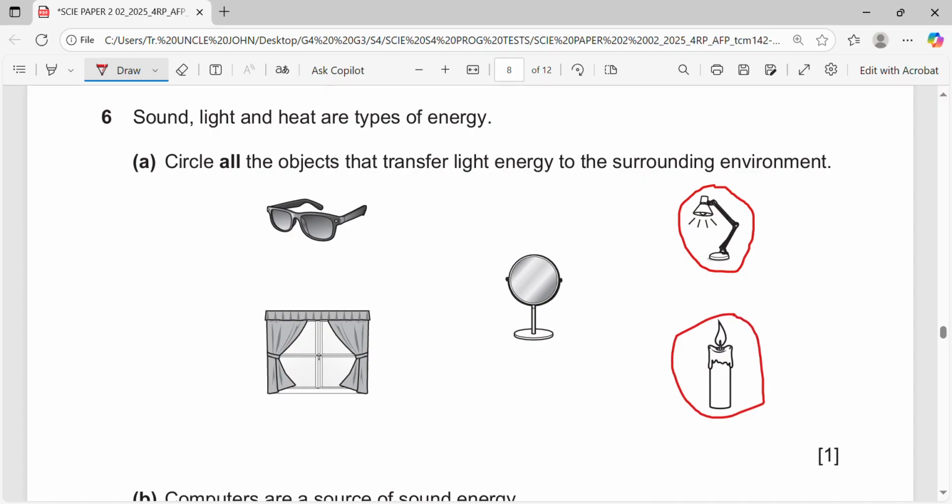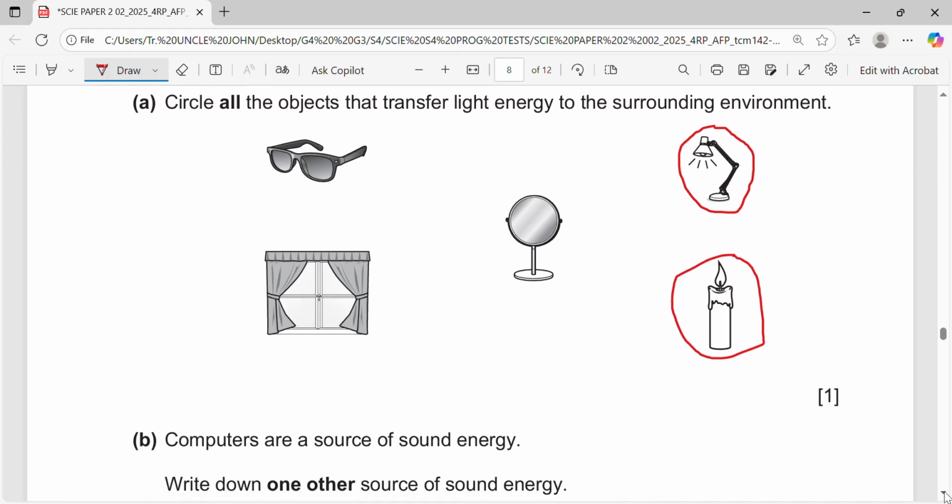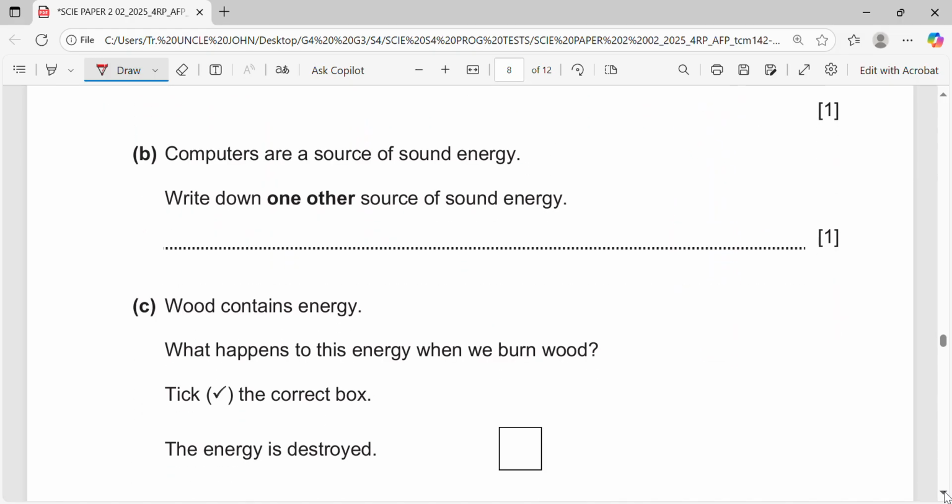So computers are a source of sound energy. Write down one other source of sound energy. You can say TV or television. It's better you write it in full words as a child.